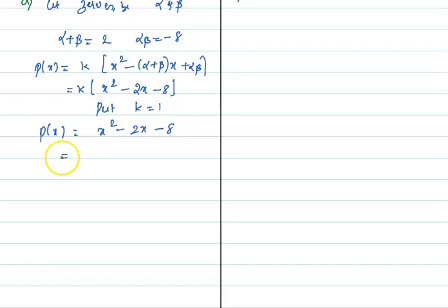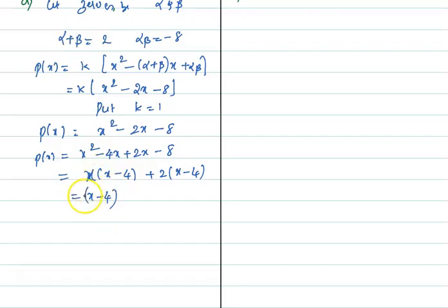Now you have to factorize this. p of x is equal to x square minus 4x plus 2x, splitting the middle term. Take x common: x into x minus 4 plus 2 common, x minus 4. Take out x minus 4 as outside, so we get x plus 2.